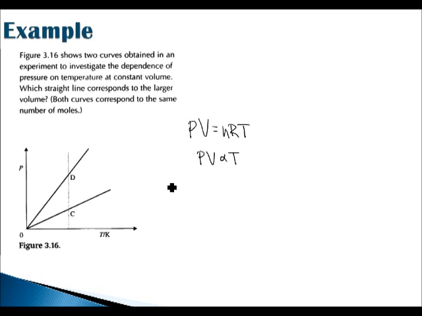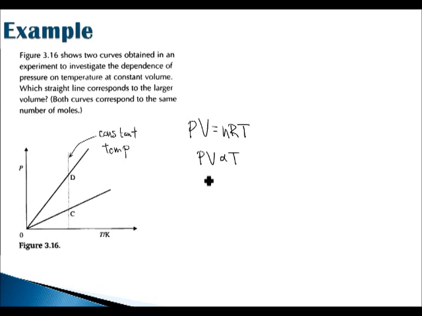Now we know that down this line, this line right here corresponds to a constant temperature. So the volume is constant, the temperature is constant. So which one of these has the higher volume?